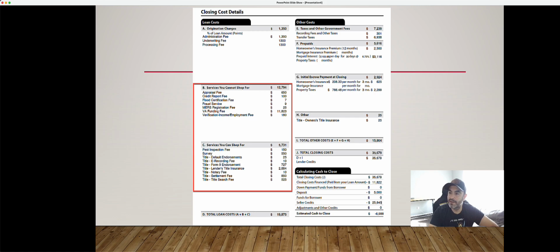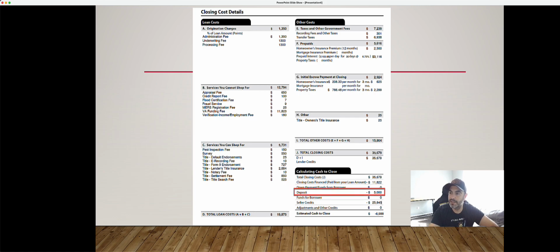Making sure over here, so little things, calculating cash to close. For example, how much earnest money they ended up putting down, seller credits based on the contract, how much the seller concessions, how much they gave them towards closing costs and buy downs, and then in total estimated cash to close, how much they are looking to bring to the table.